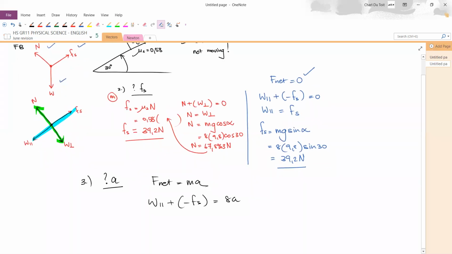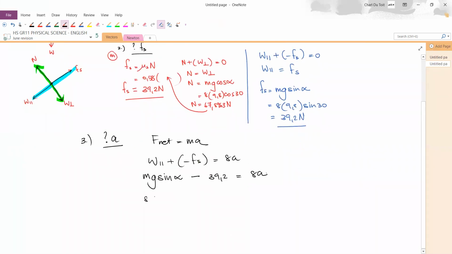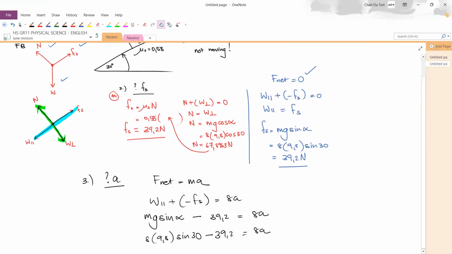Net: the weight parallel is mg sin alpha minus the 39,2 we just got, and that is 8a. So I have, is it 8 kg? Yeah. 8 times 9,8 sin 30 minus 39,2, and that is 8a. No, man, this is wrong.